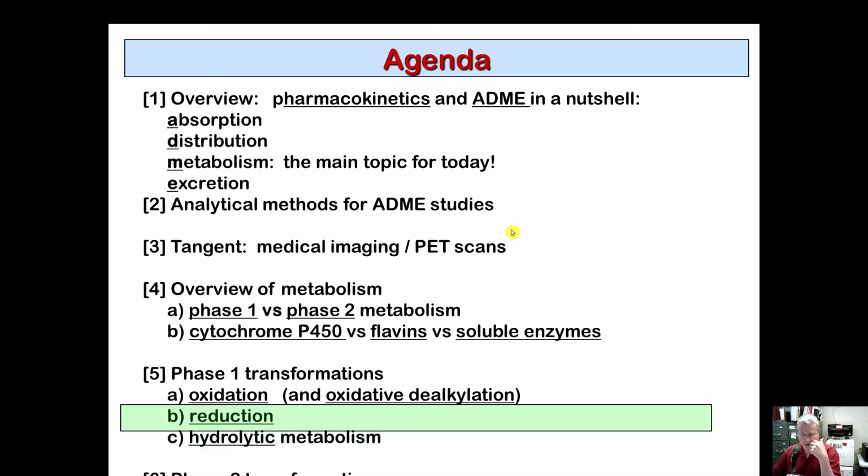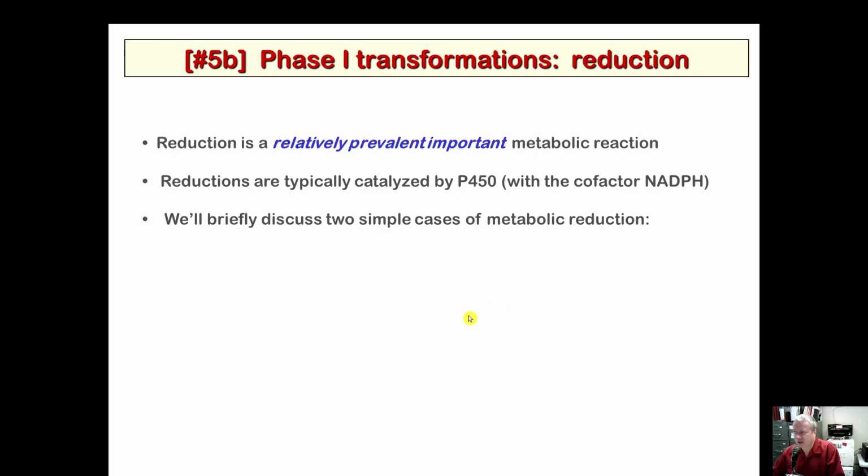All right, moving on to reduction. We did oxidation. Now, what are some reductive methods for phase 1 metabolism? It's relatively prevalent, important.